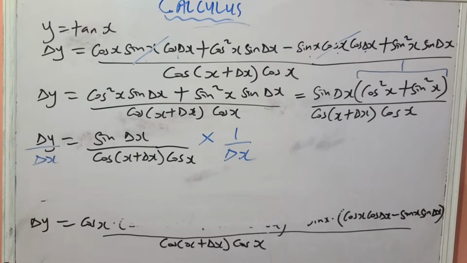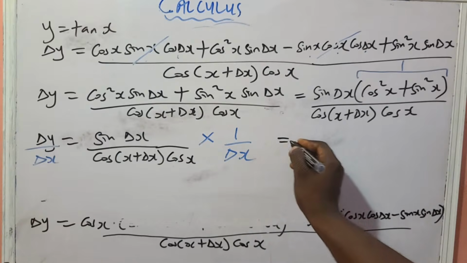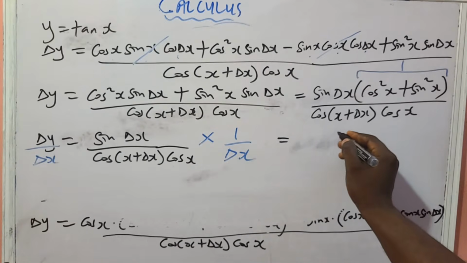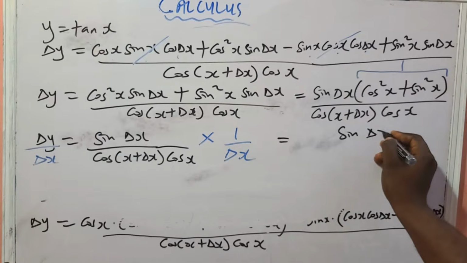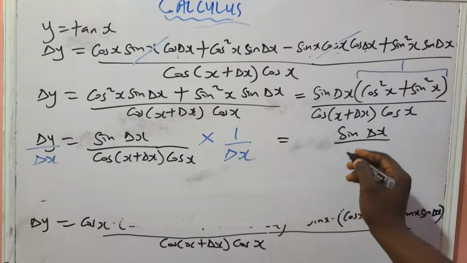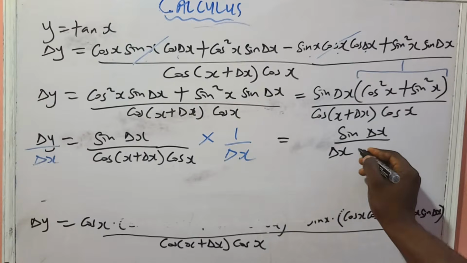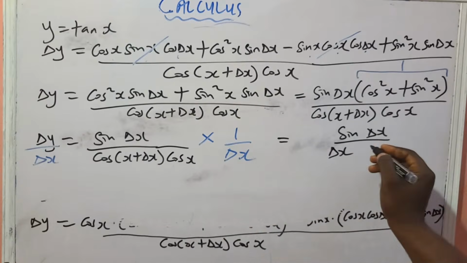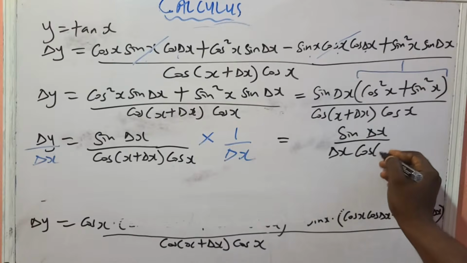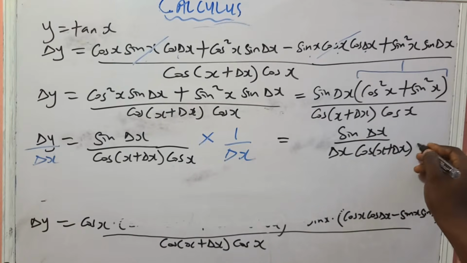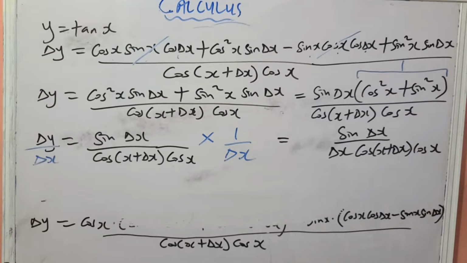So this means that I can write my dy over dx as sine change in x over change in x, of course, this times all this, that will be cos x plus change in x, then cos x. You see that? So we have that right here now.